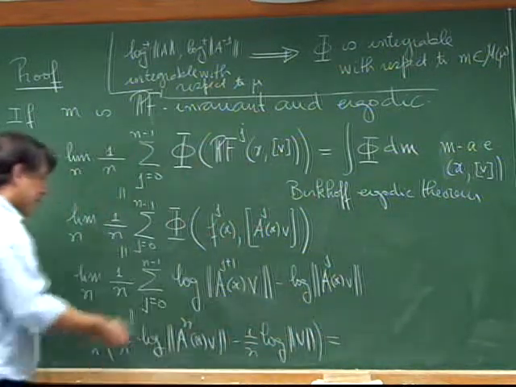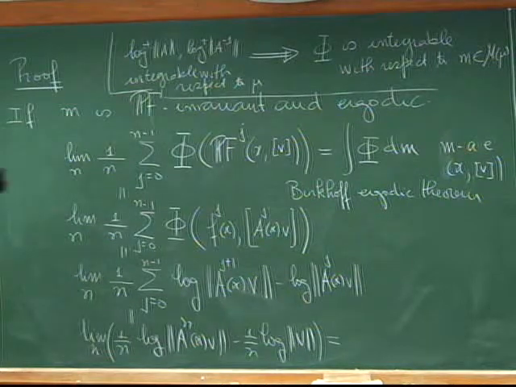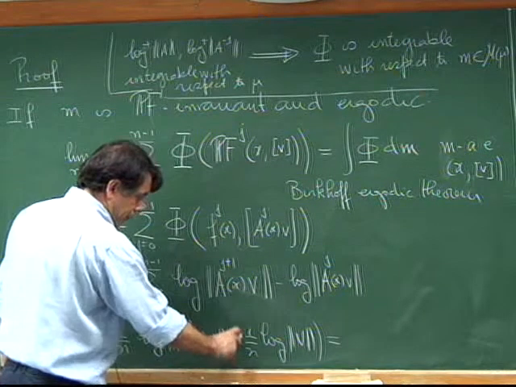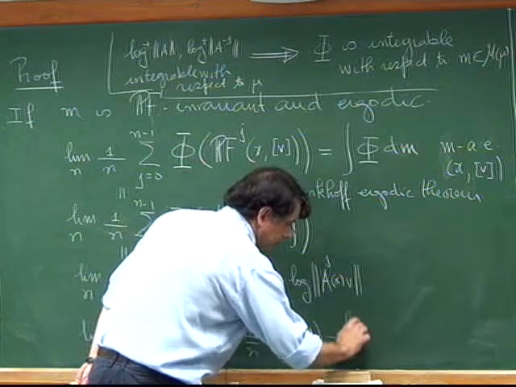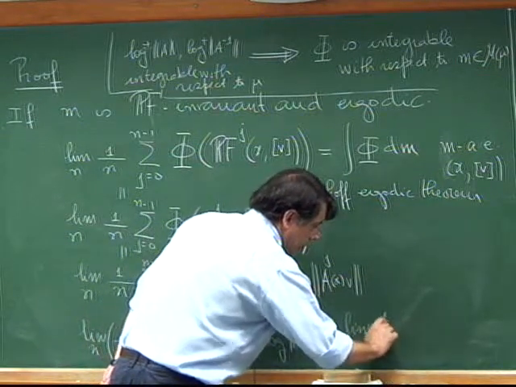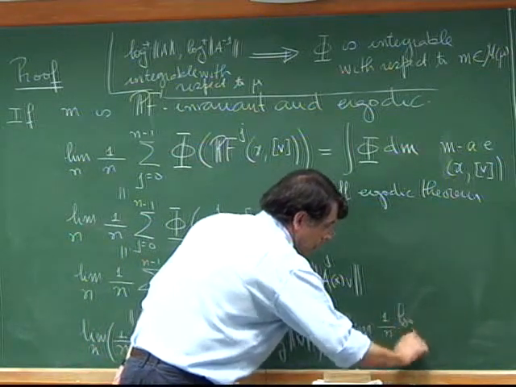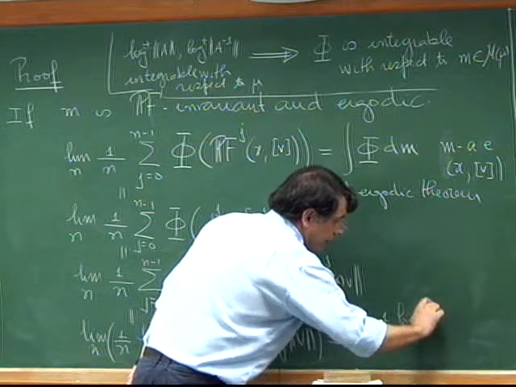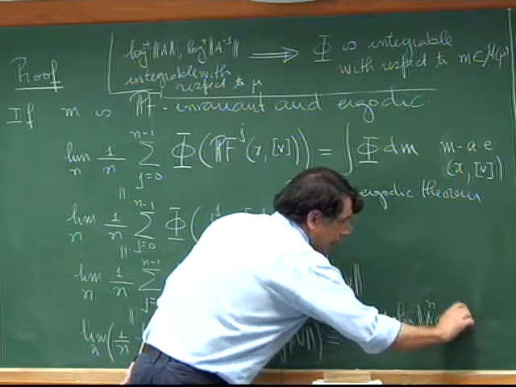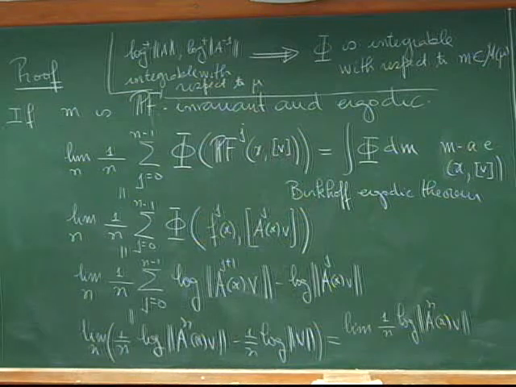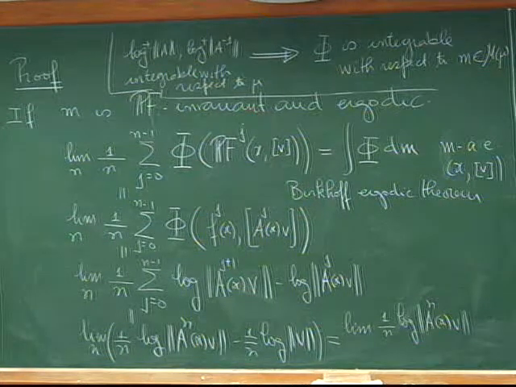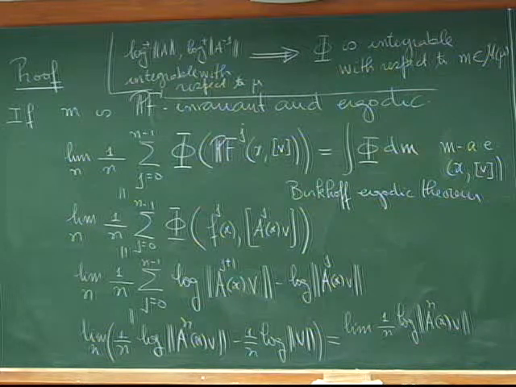And of course the last term is completely irrelevant because this is constant and it's divided by n, so ultimately this is 1 over n log of A^n x of v. Okay, I have done nothing up to this point except using the Birkhoff ergodic theorem.